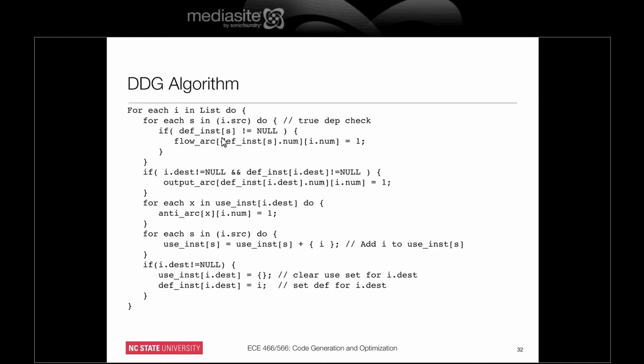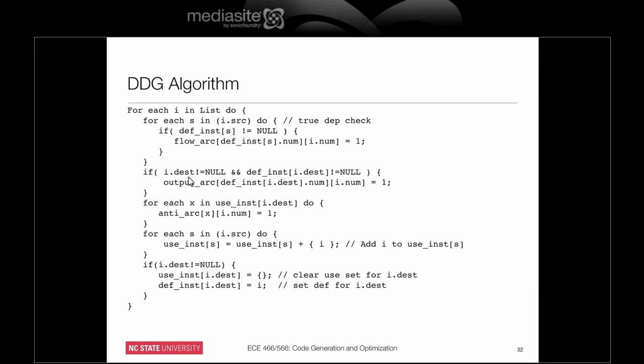And if there was a previous instruction that defined that register, then we'll set the entry in the flow arc to record that there is a true dependency using the ID number for the defining instruction and the ID number for the current instruction. And this will detect a true dependence.